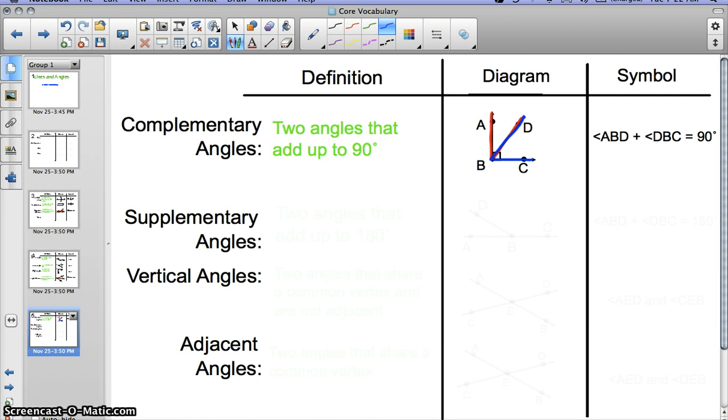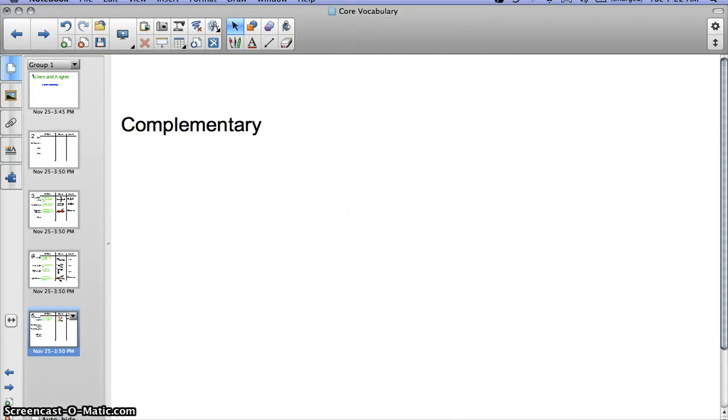So the red plus the blue is equal to 90 degrees. And we know this because we see that little box in the corner, which means that this angle is 90 degrees. Pretty straightforward. If you have a 90 degree angle and you break it up somehow, the 2 parts are equal to the whole. Same kind of deal for the next one.